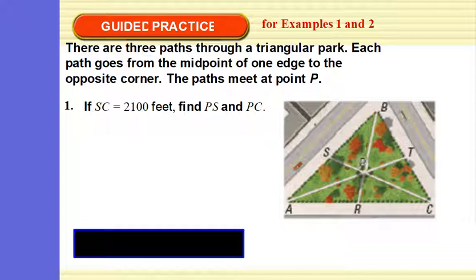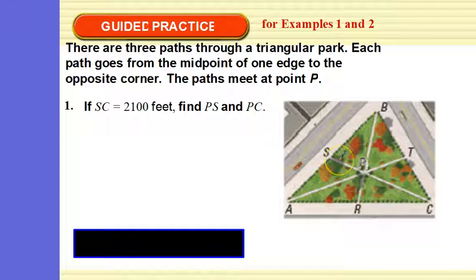There are 3 paths through a triangular park. Each path goes from a midpoint of one edge to the opposite corner. The paths meet at point P. If SC is 1,200 feet, find PS and PC. If SC is, did I say 1,200? Wow, I'm having issues today. 2,100 feet. So 2,100 divided by 3.